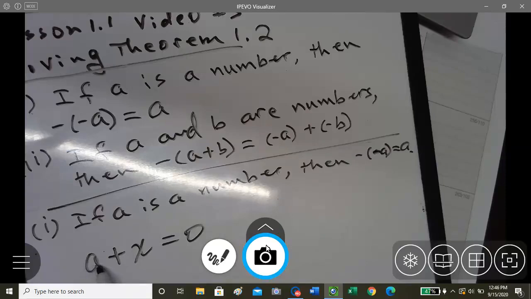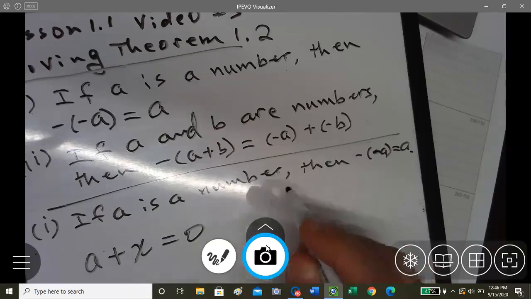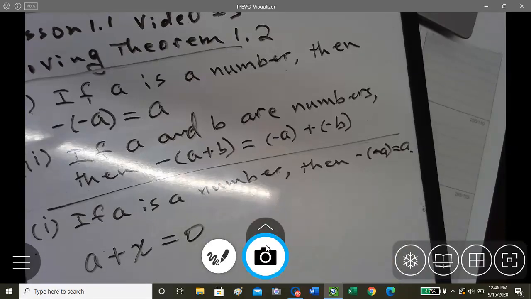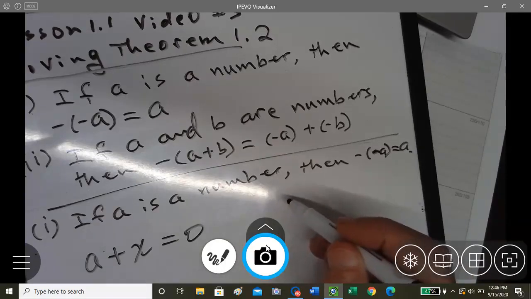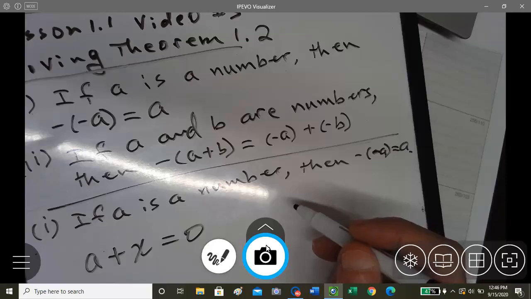Okay, so we start with a plus x equals 0, and this is basically axiom A.5, existence of a negative, where if a is any number, there is one and only one number x such that a plus x equals 0.